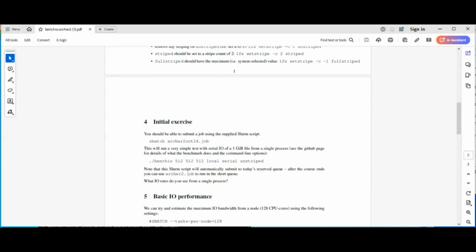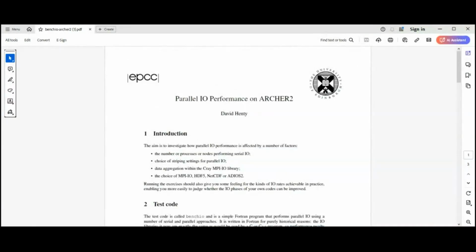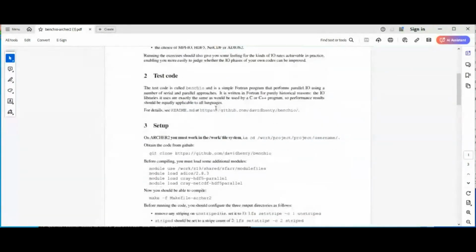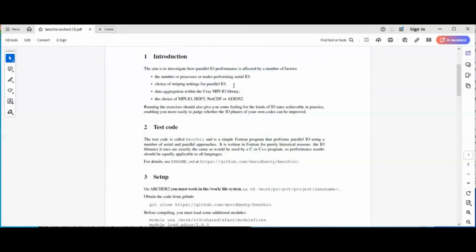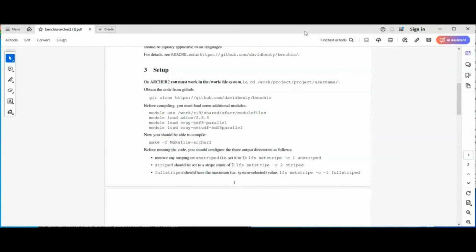So it's in the exercise sheet. It's here. Yep. So you follow... Have you got the exercise sheet, Carlos? And then you just follow through the instructions. Should be quite explicit, hopefully. Yes, it's a bit confusing.